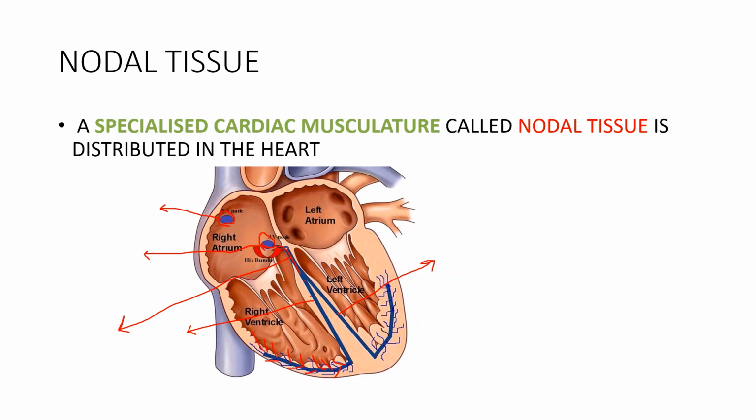Similarly, the left bundle branch also contains many branches that innervate the left ventricular wall, called Purkinje fibers. Purkinje fibers are bifurcated and innervate the ventricular walls. So we can observe the nodal tissues in the structure of the human heart.